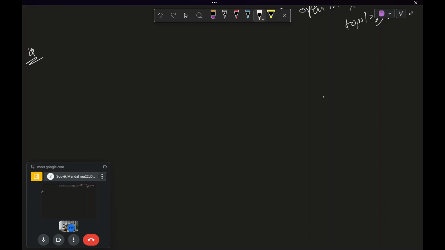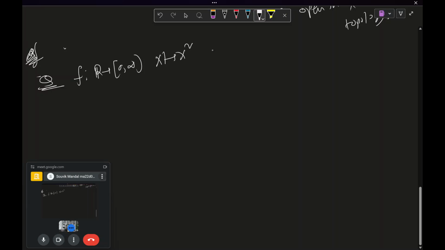So the next question is the following. We have a function f from R to [0, infinity) defined by x goes to x squared. Is this map a quotient map?